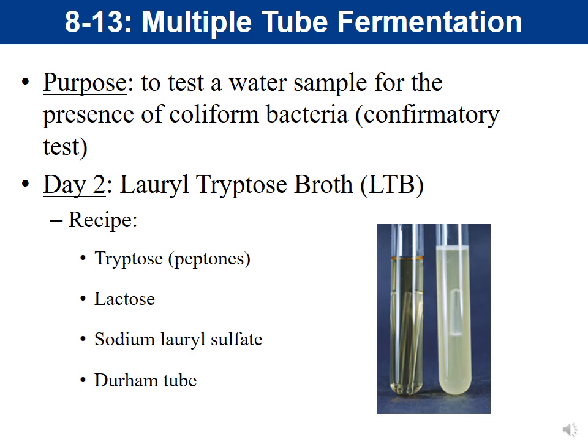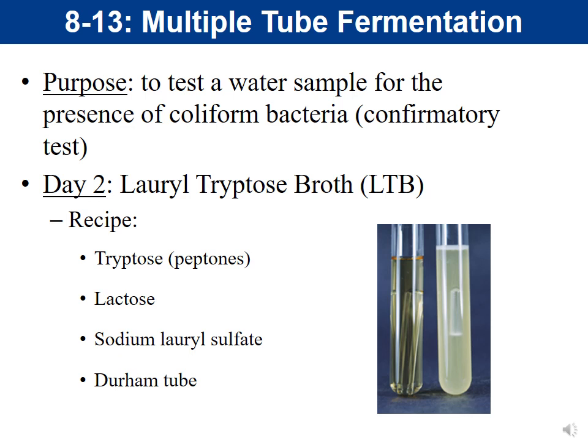And just a quick reminder as to what was in the media. We have tryptose, which is our peptones, food for general growth. Lactose is our substrate for fermentation. It's there to detect coliforms because coliforms should be able to ferment the lactose to produce acids and gas. We have sodium lauryl sulfate. Sodium lauryl sulfate is a detergent.